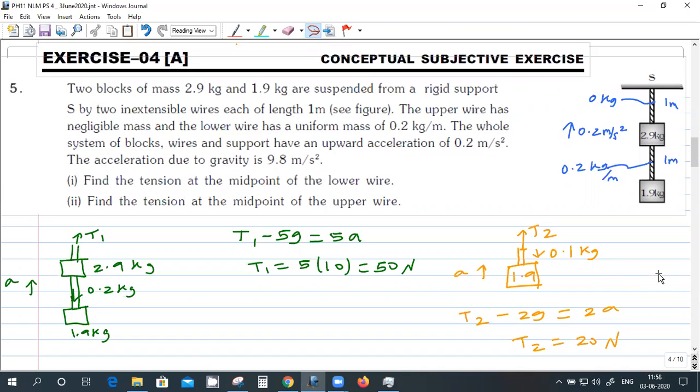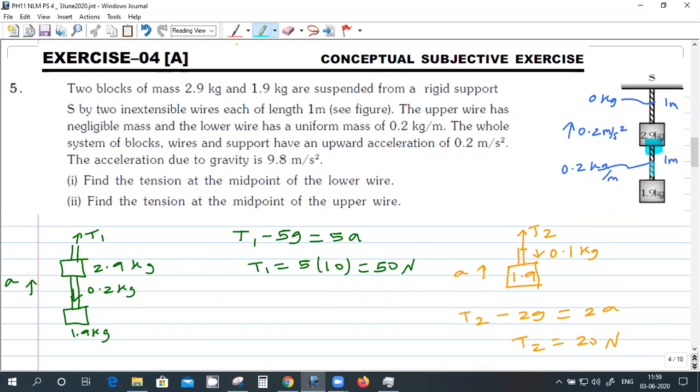Sir, T1 is equal to 50 Newton and T2 is equal to 20 Newton. Okay. So did you draw the free body diagrams? Suppose I want to find the tension just below this 2.9 kg, how will you do that? You got the point, no? The lower string has got a mass. It's not massless. You have found out the tension in the middle point.